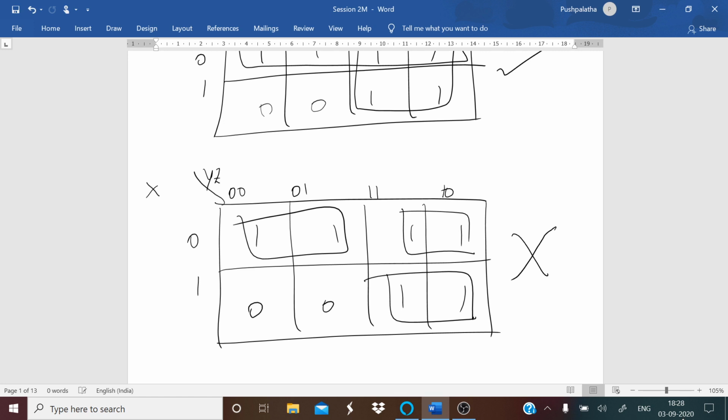This is not done, this is wrong, because as far as possible see to it that it makes a bigger group. Just because you may say that we do not want it to overlap, so we will divide it. No, that is not right. You have to get as big a group as possible.